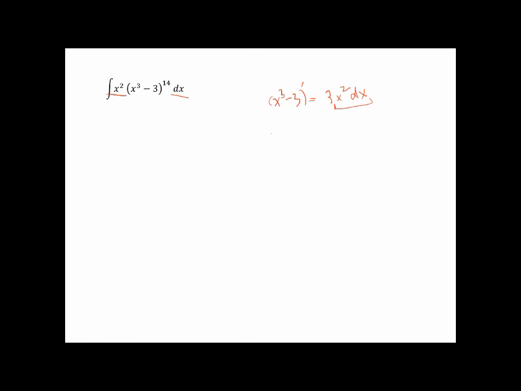So I know I probably need to use substitution. So u equals the whole part here, x cubed minus 3. du is going to be 3x squared dx. So based on this, x squared dx equals 1/3 du, right?